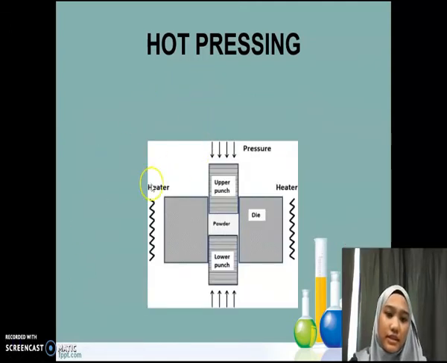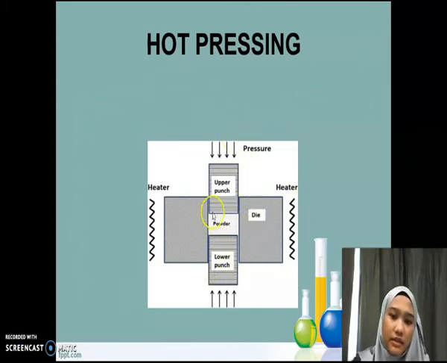So this is how hot pressing works. The raw materials will be inserted in this area, and the pressure from upper and lower sides will compress the powder, with heaters at both sides.